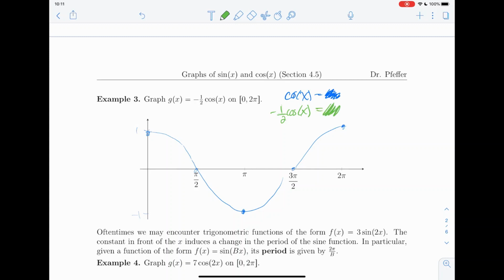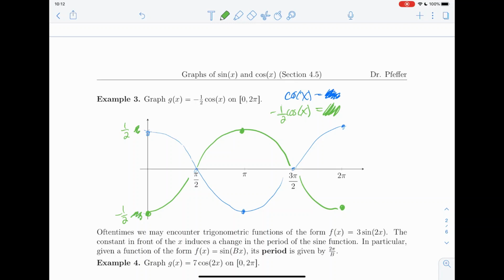Here, what I'm going to do is I'm going to scrub away the 1 and write that as a 1/2. Scrub away the -1, make that a -1/2. I'm going to reflect it. So the positives become negatives and the negatives become positives. And my final graph is going to look something like that.